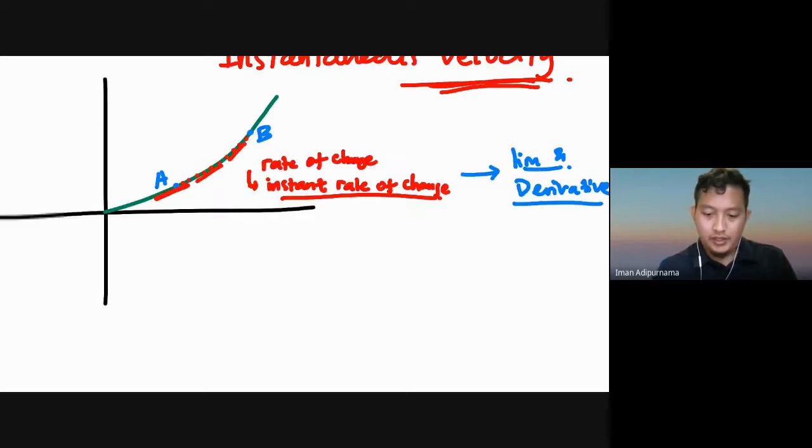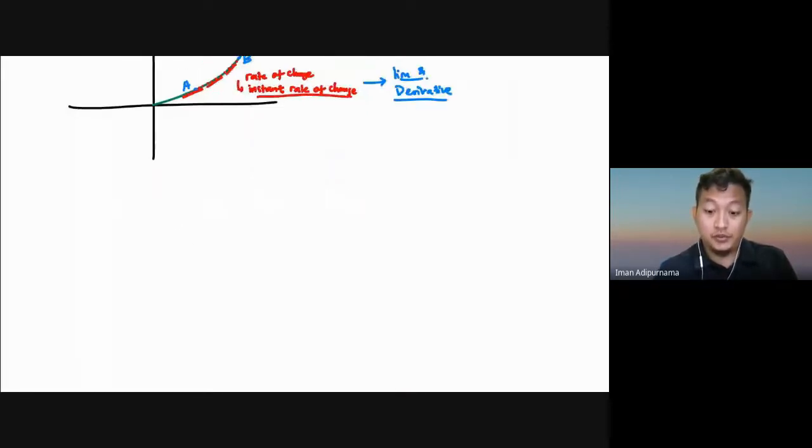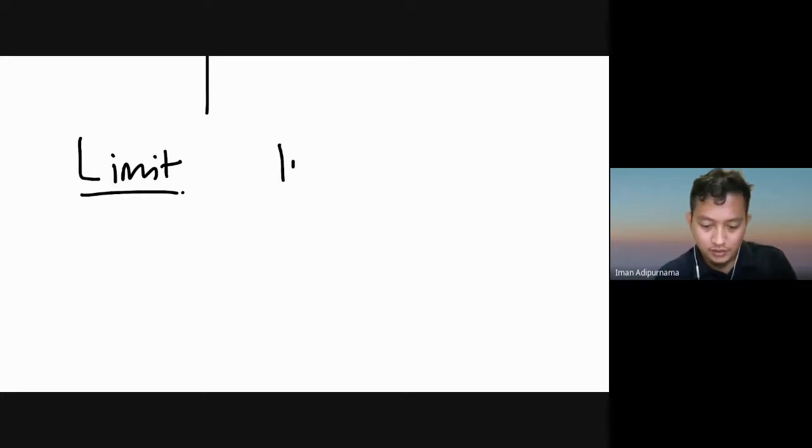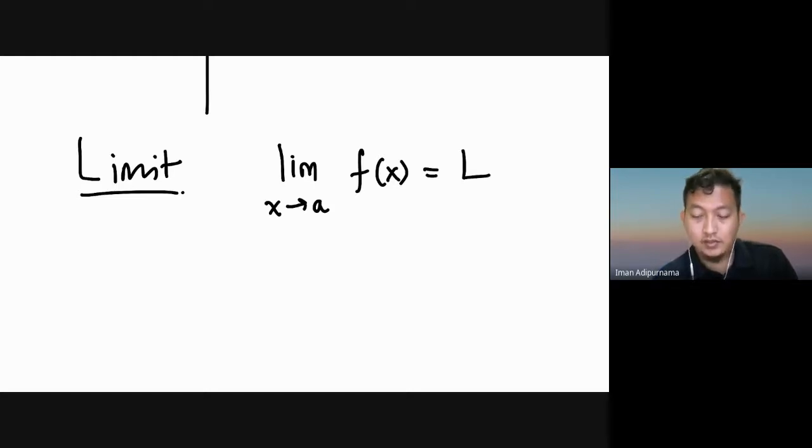Okay, then the terms for limit. If you have a limit as x approaches some number of a function, you can say that this is just a constant, a finite number, like we have done before.